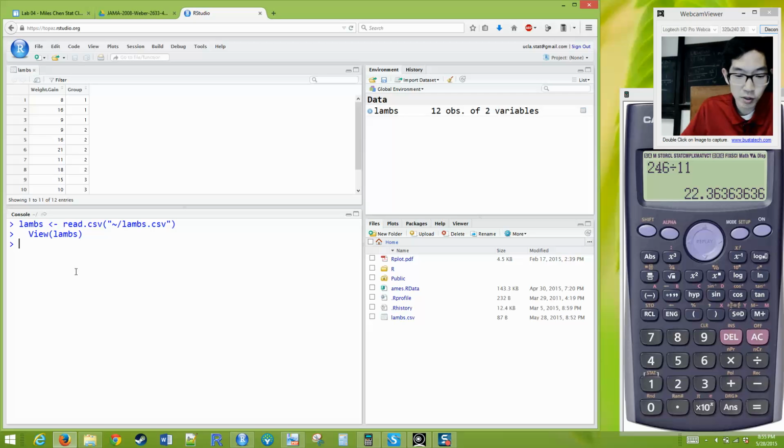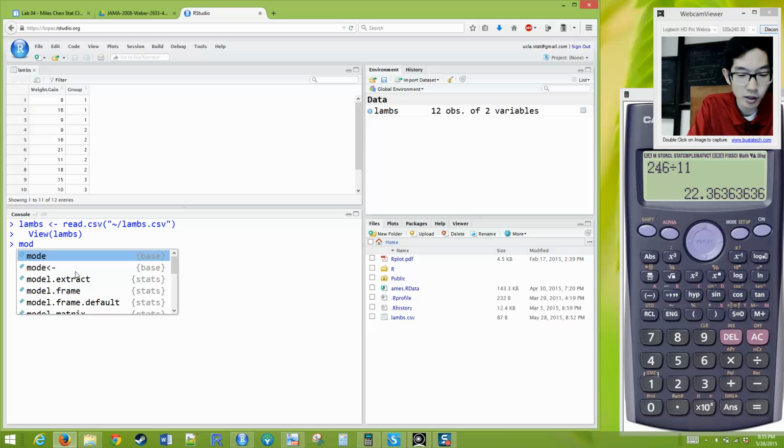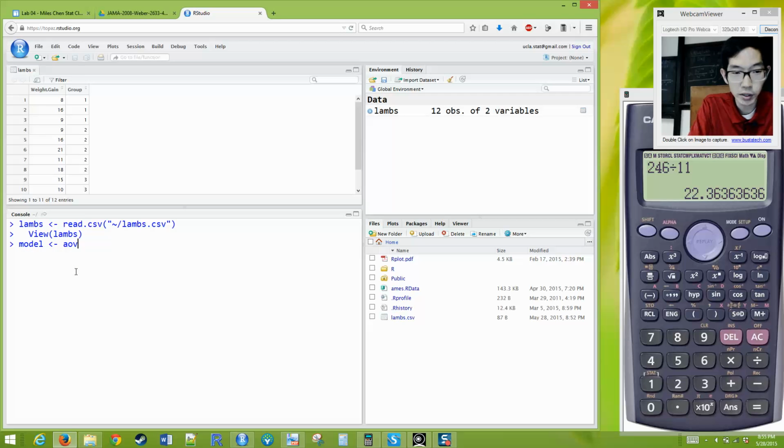I want lambs$weight gain as explained by, I have to use as.factor, sorry, as.factor(lambs$group).